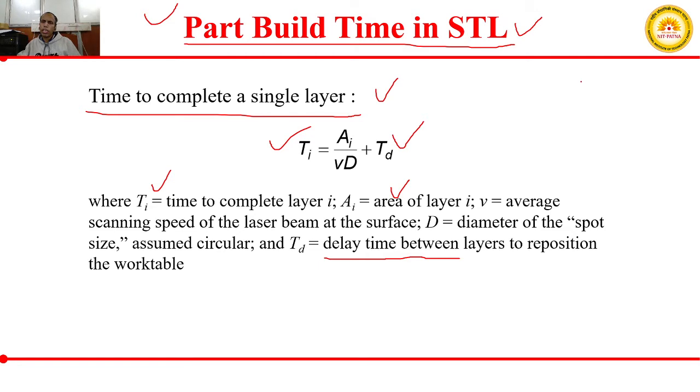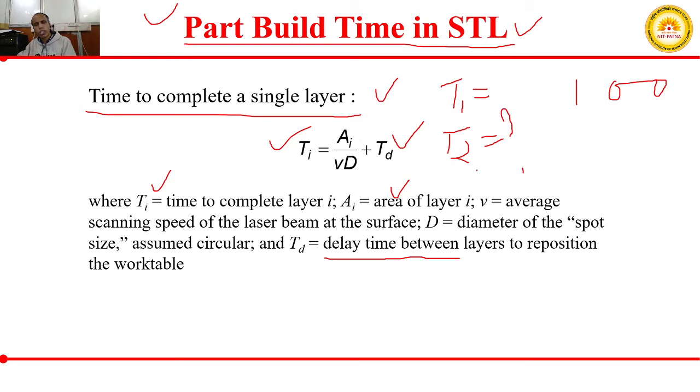Suppose there are 100 layers, so you have to calculate the time for each layer: time for layer 1, then layer 2, layer 3. So this may not be the same for all layers.